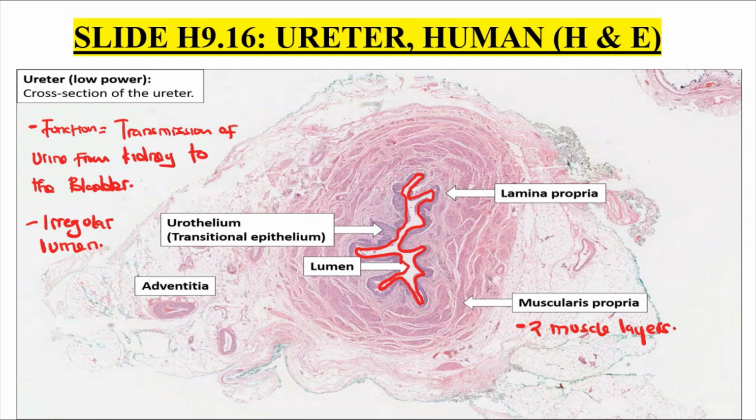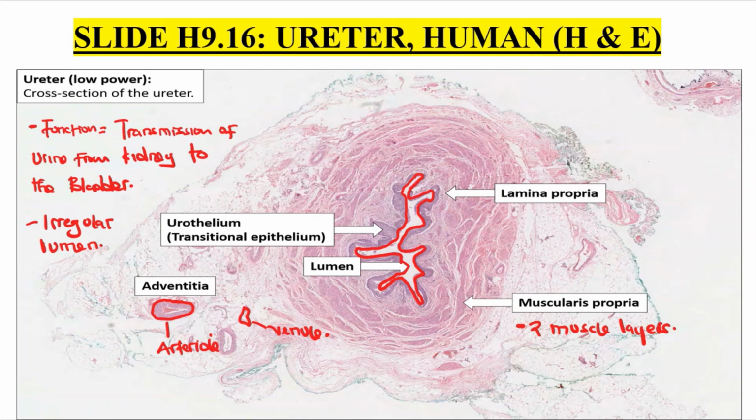The adventitia is a structure where blood vessels are found. So here, this part here, this is an arteriole. How do you know that this is an arteriole? There's blood inside, and it has a thick wall. And then these ones here, irregularly shaped, these are venules. They're irregularly shaped and their lumens are small.